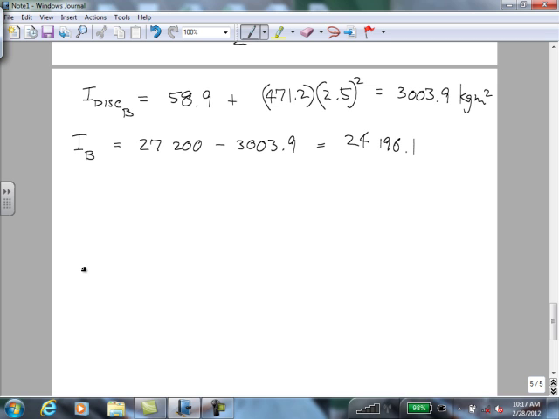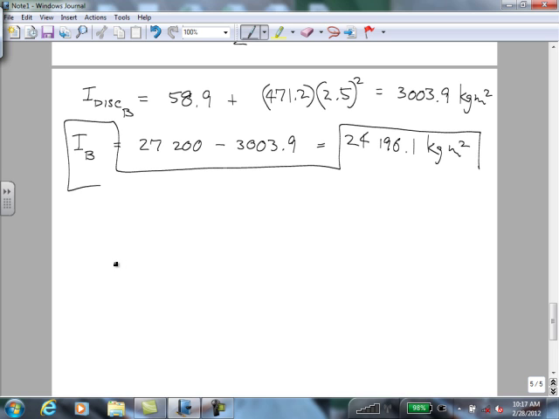And so what do you get? Kilogram meter squared. Any questions about that?